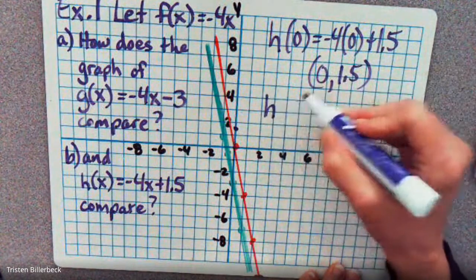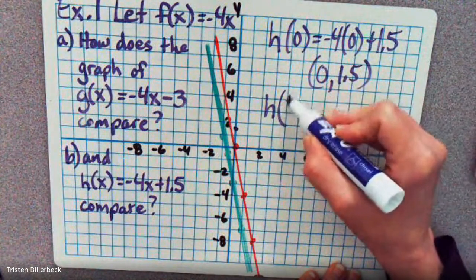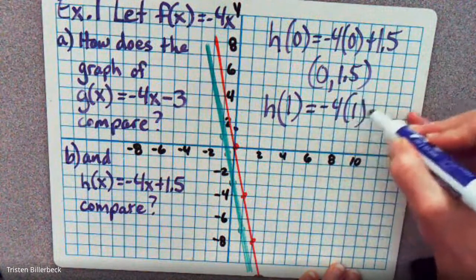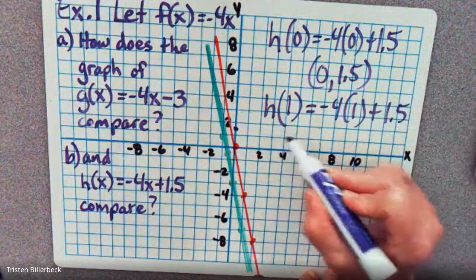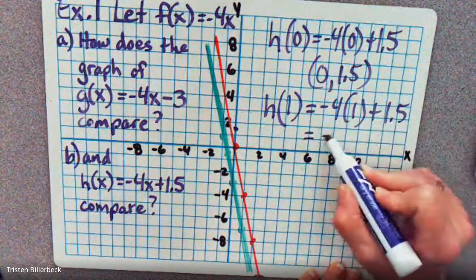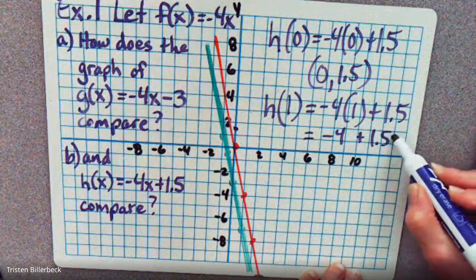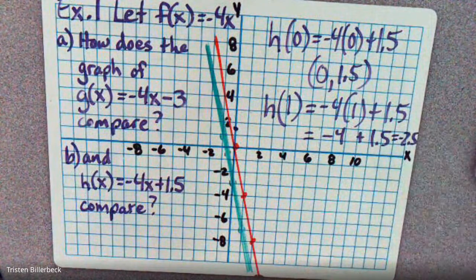If we do h of 1, we have negative 4 times 1 plus 1.5. So at h of 1, we're going to have negative 4 plus 1.5, which gives us negative 2.5.